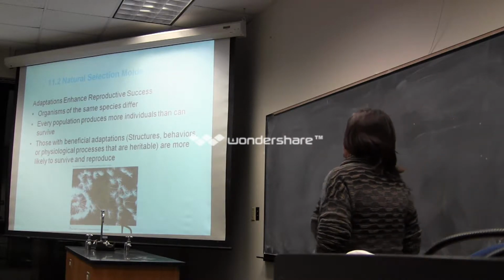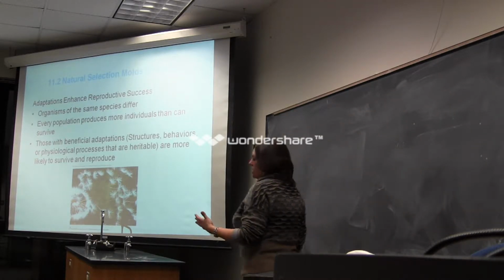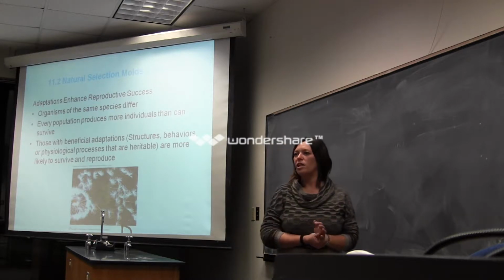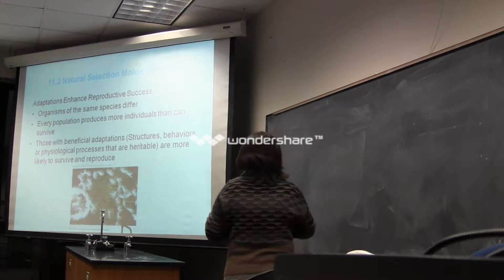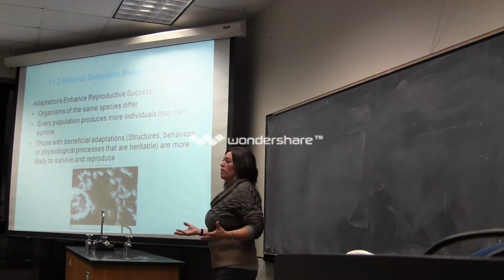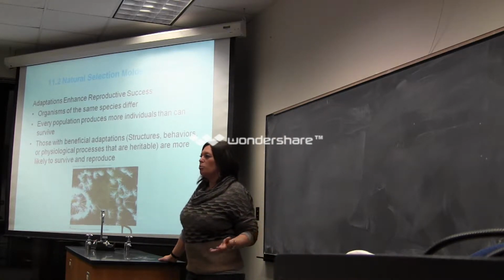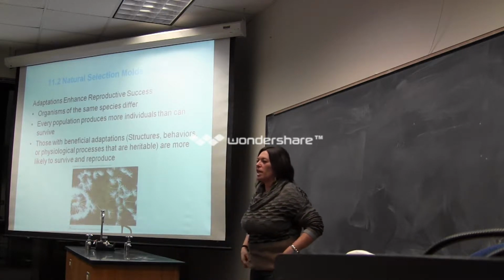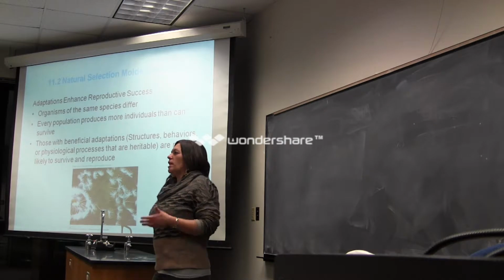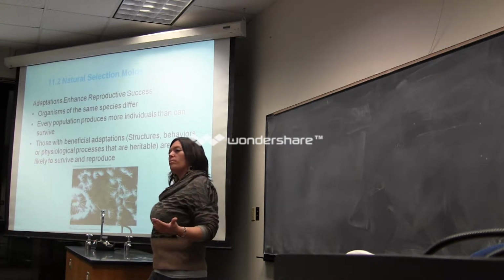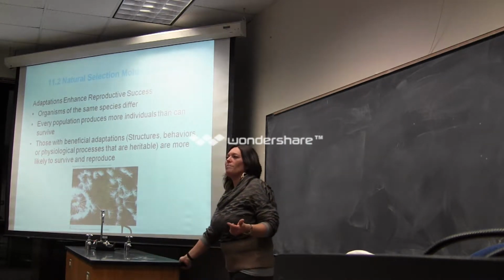But just to the point that these adaptations can help organisms survive better, there's lots of different examples of this. A lot of them have to do with, initially, before animals were here at all, there were plants. So plants were the first living organisms on the planet. And these plants have to survive just like we have to survive, so they were able to adapt survival mechanisms as well.